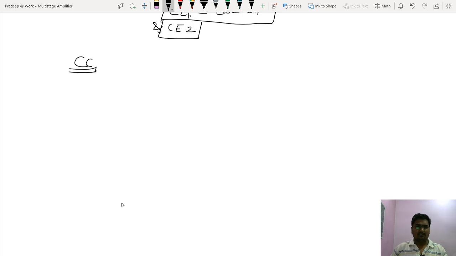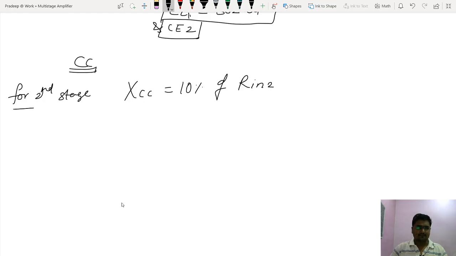Okay, come to that coupling capacitor. For this coupling capacitor CC, we have XCC, that is the capacitive reactance, as 10% of the input impedance. I'm calculating this for the second stage, because coupling is needed to the second stage only.